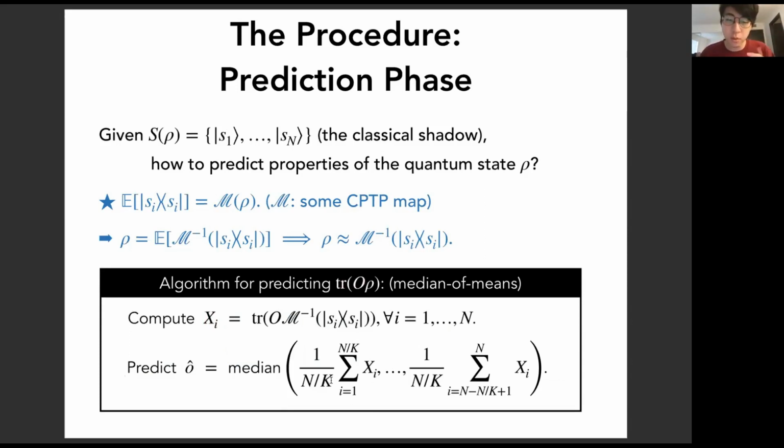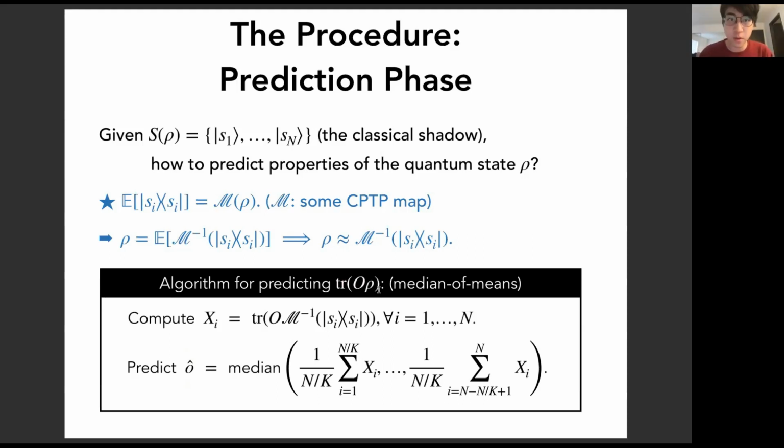What we do is we chunk all this data up, take the average for each chunk, and then take the median of the entire thing. This median is quite important for a certain distribution of random unitary in order to boost the convergence, such that this O hat would be very close to trace of O rho with much higher probability.